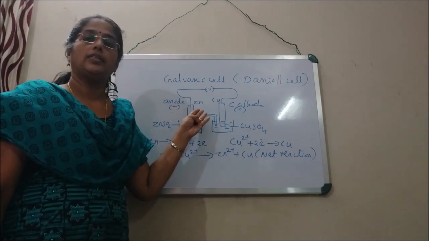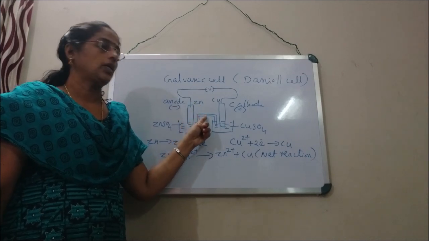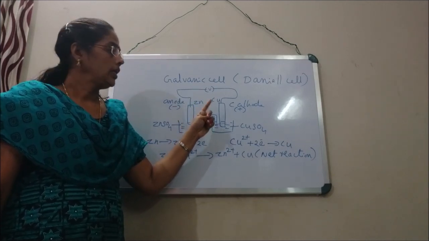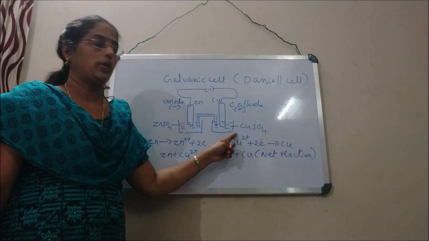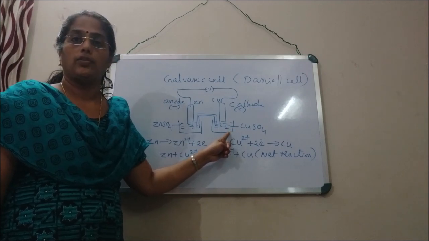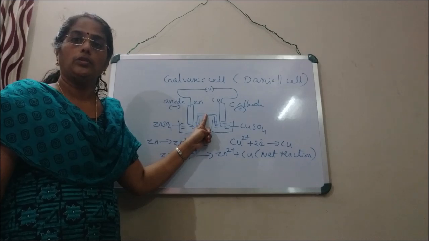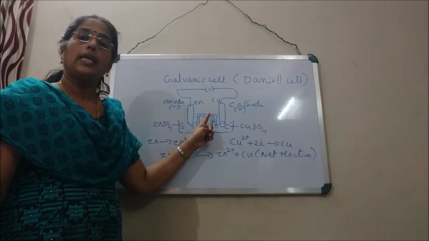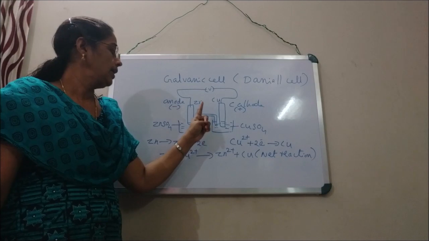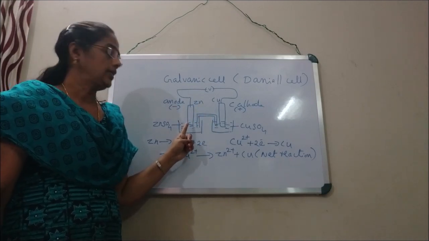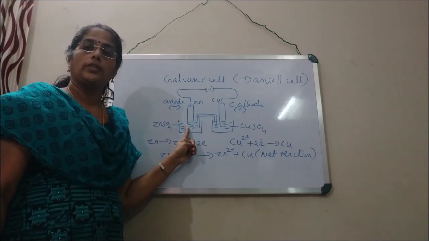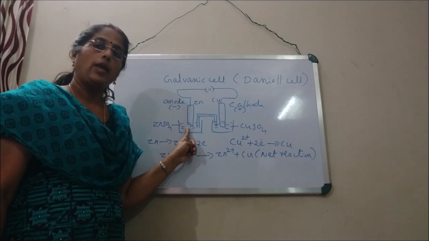For example, if KCl is present, the K plus ions can neutralize the SO4 2 minus ions in the cathodic half cell, and the Cl minus ions of KCl can neutralize the zinc 2 plus ions accumulated in the anodic half cell.